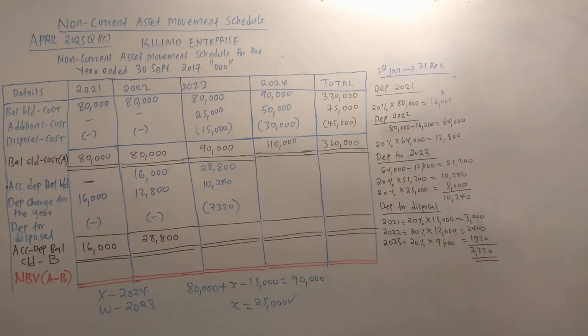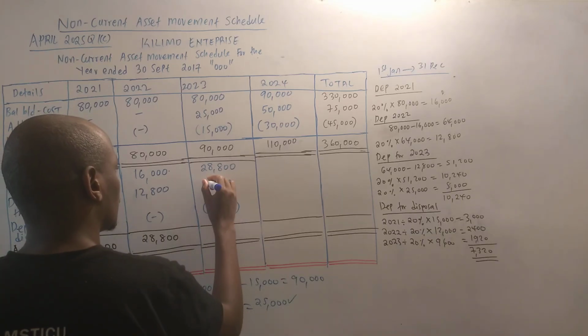So let us find the figure. 28,800 plus 10,240 minus 7,320. I'm getting 31,720... Oh, that's supposed to be 15,240, sorry. There was a mistake here.